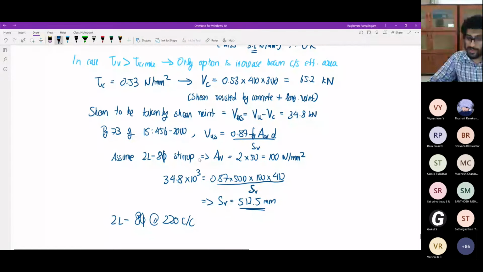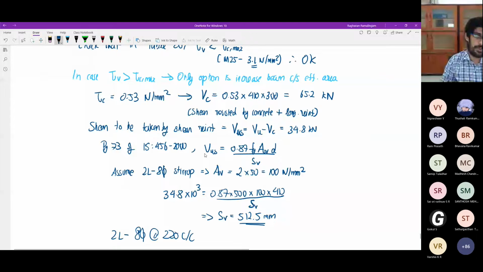Or what we can do is, you can give mild steel stirrups. You can actually think that's a good idea. You give mild steel stirrups, you get a good spacing then. So use mild steel stirrups.